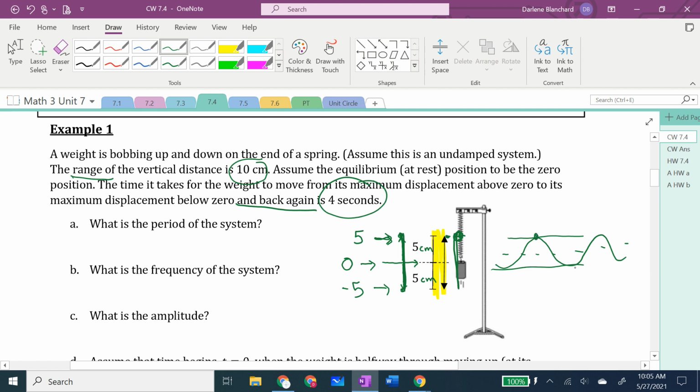From its highest point to its lowest, back up to its highest, is 1 cycle. And this wants to know the period of the system. The period of the system is how much time it takes to go through 1 cycle. So literally that number right there is telling you the period of the system.